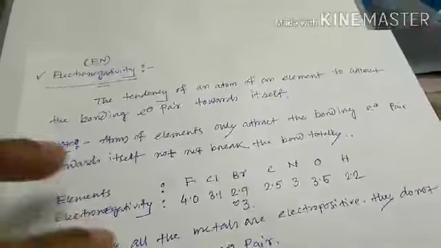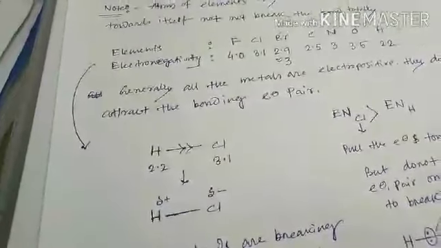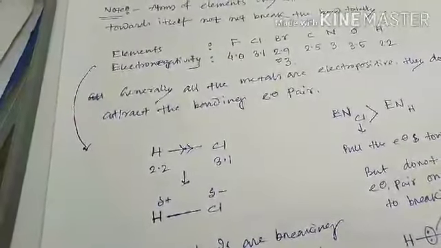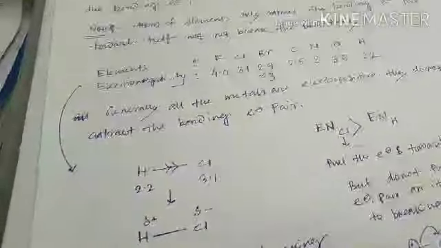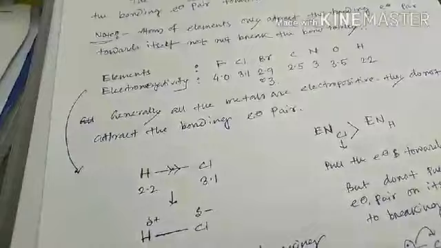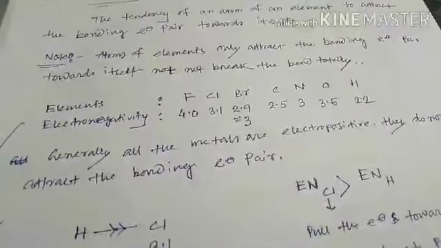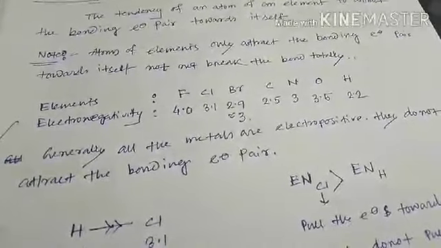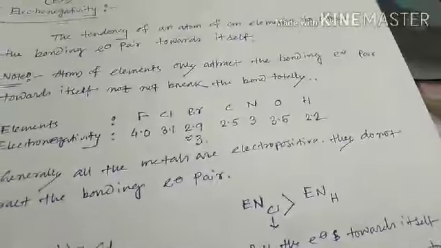In the case of HCl, both H and Cl have some electronegativity value. From the chart I have given you, chlorine has an electronegativity value of 3.1 and hydrogen has 2.2.